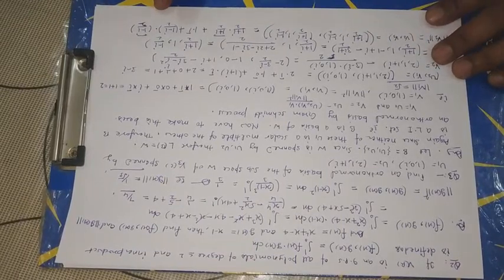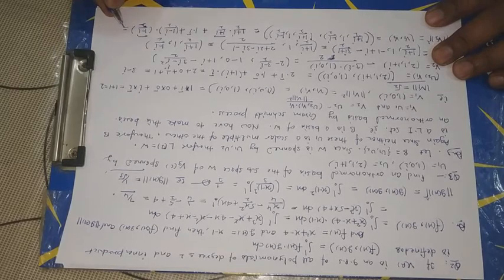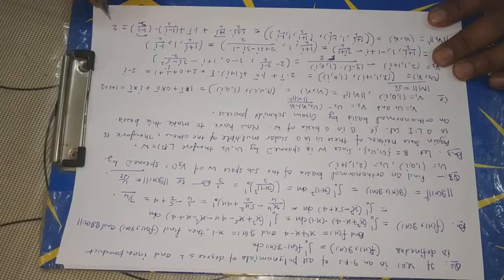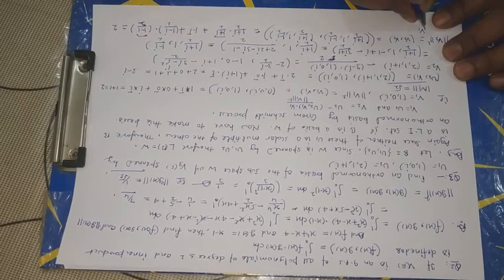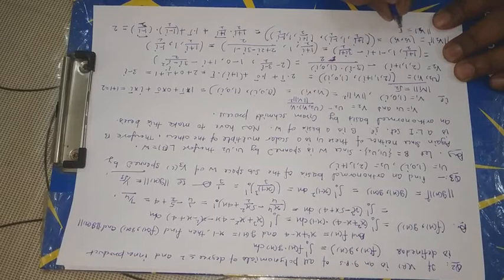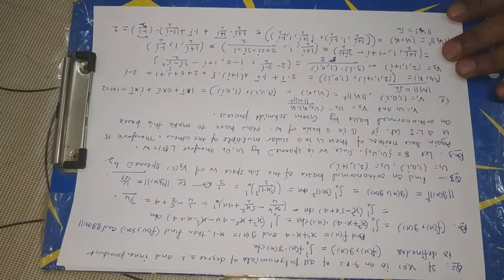After simplification we get the value of this equal to 2. Now V2 norm is equal to under root 2. Therefore, orthonormal set.